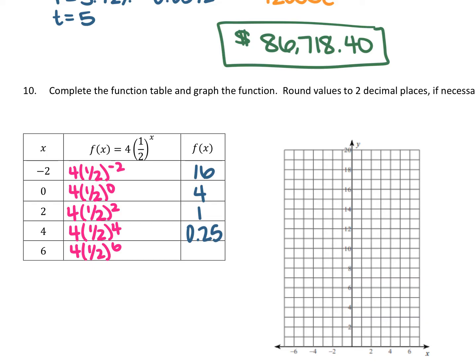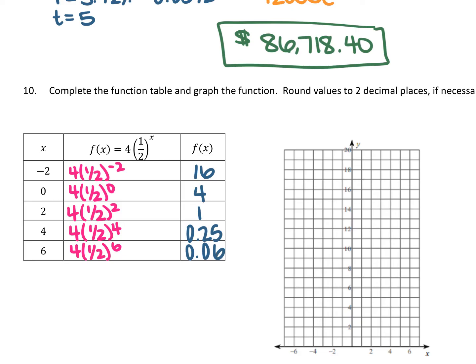And then 4 times 1/2 to the power of 6 is 1/16, which is 0.06 if you round it to 2 decimal places.